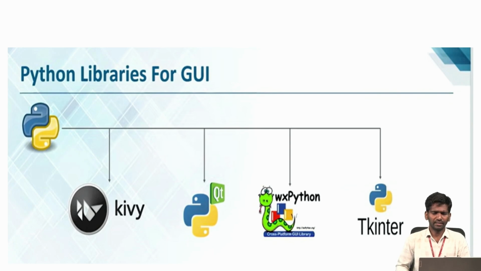Okay, tkinter. What is tkinter? tkinter is also a library that comes inbuilt with the Python version. Whatever Python version you are using, the tkinter library will be integrated in that version, so you can import it and use it for GUI implementation.